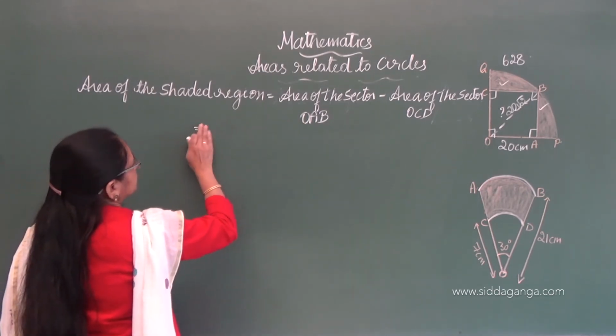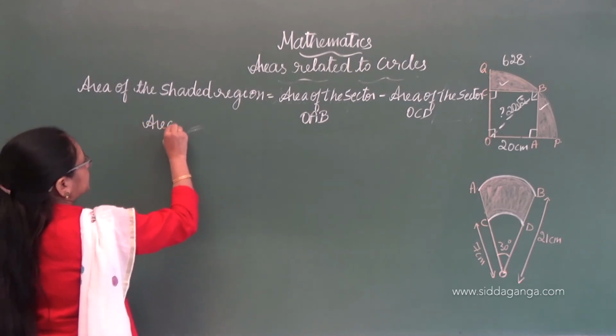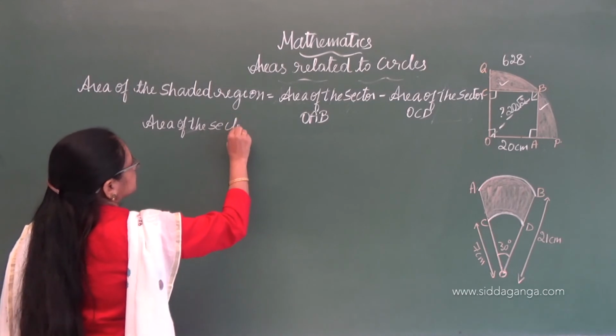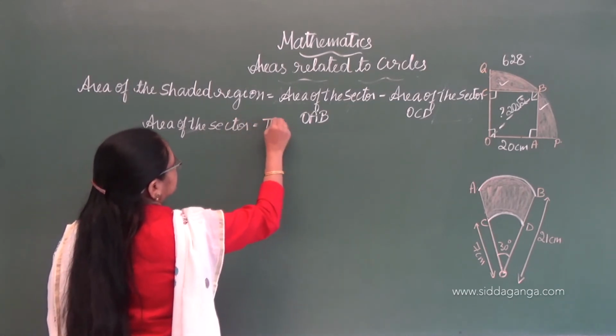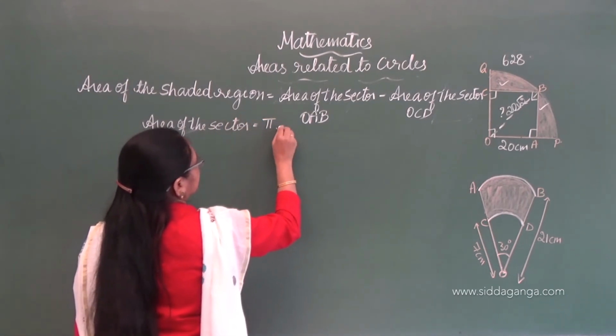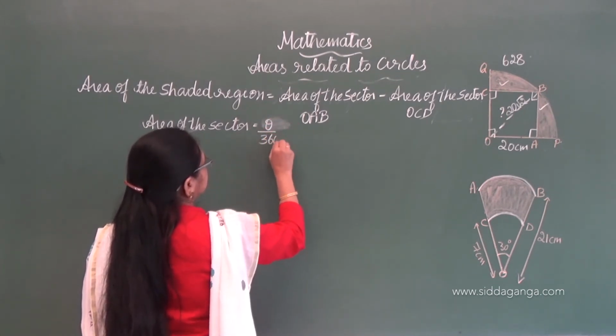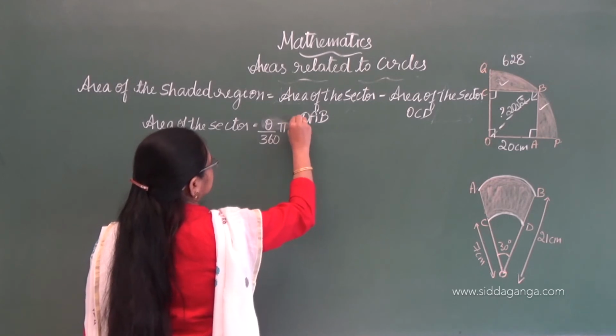You all know the formula: area of the sector is theta by 360 pi r square.